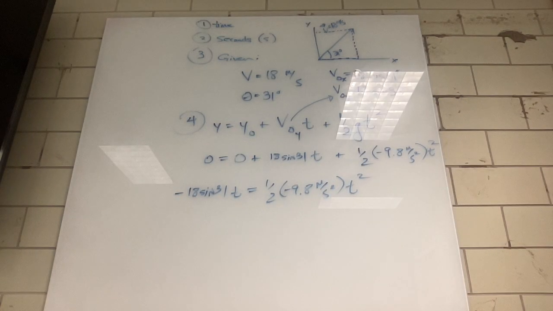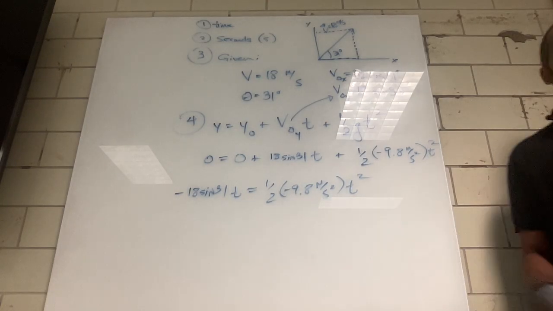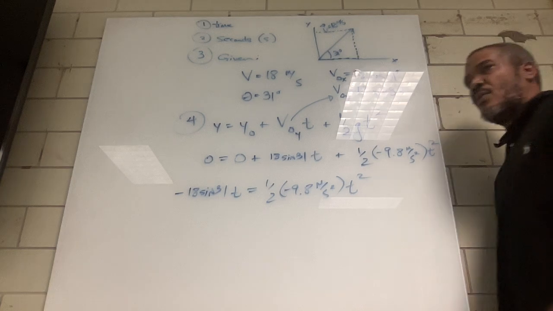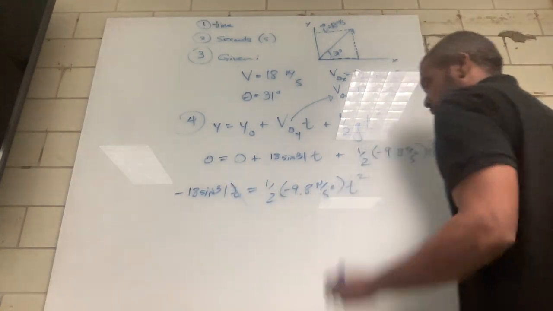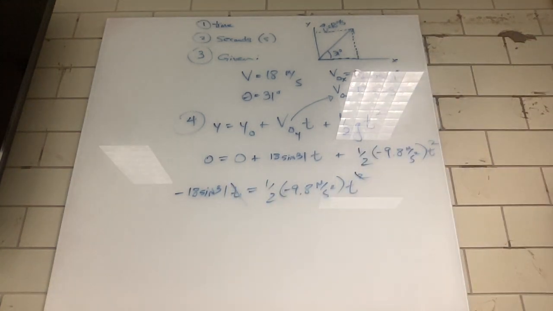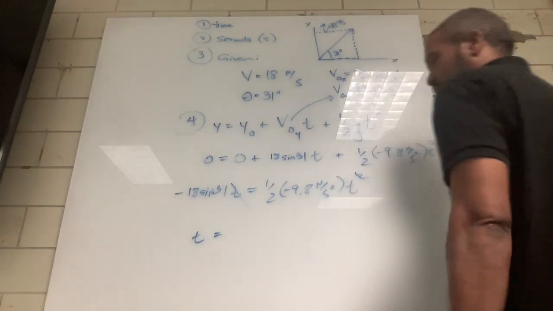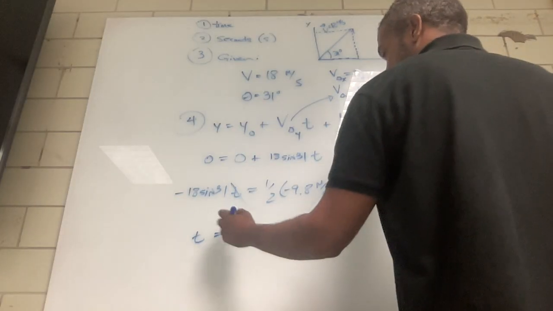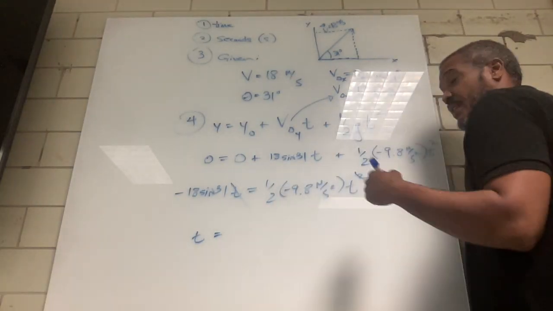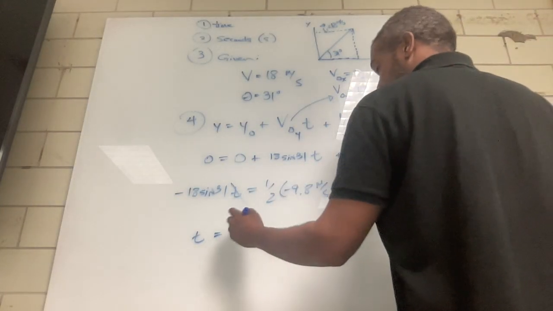And of course I can do what now? Not square root, but I've got t on both sides, so I can get rid of one of them. And so now that leaves me with t equal to, 1/2 of negative 9.8 is 4.9.